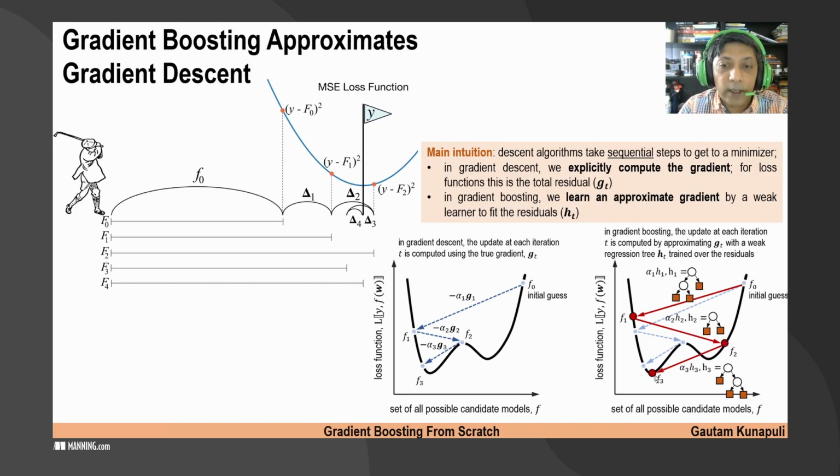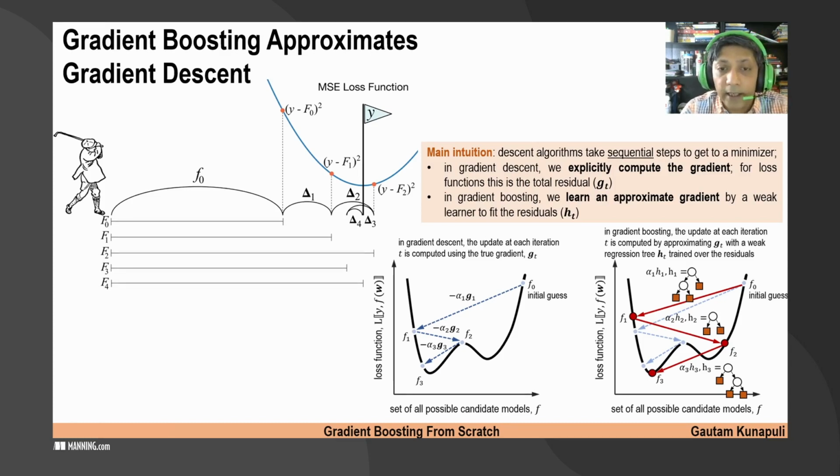And when you get to F3, your F3 is going to be F0 plus this weak learner, plus this weak learner, plus this weak learner. So F0 plus H1 plus H2 plus H3, and then you keep carrying on with this procedure until you terminate. There are some criteria for termination that we can talk about later.